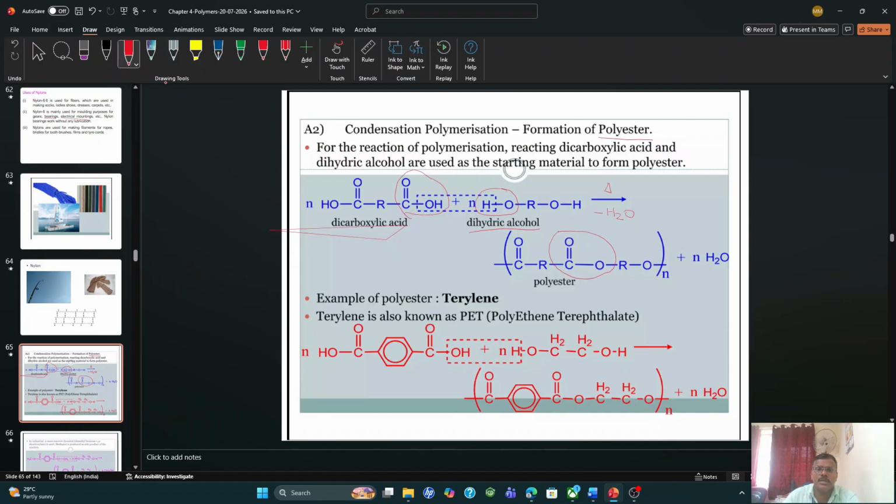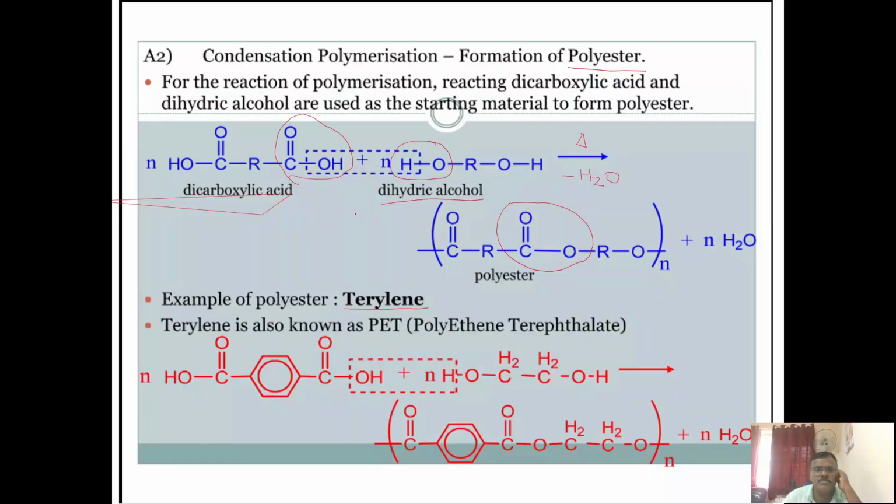Another polymer is terylene. It's another interesting polymer. What are the monomers used for the preparation of this? Phthalic acid and ethylene glycol.